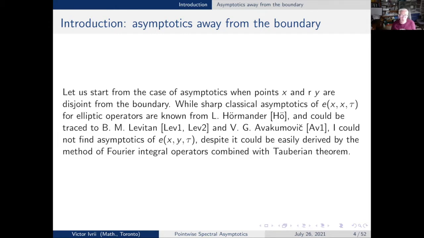Hörmander could be traced to Levitan and Avakumovich. Hörmander is mid-60s, Levitan is early 50s, Avakumovich is mid-50s. I could not find asymptotics of e(x, y, tau), despite that it could be easily derived by the method of Fourier integral operators combined with the tau Tauberian method.